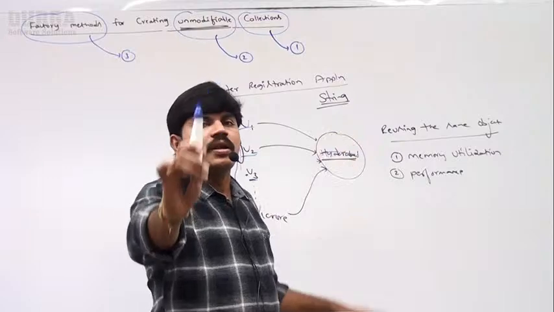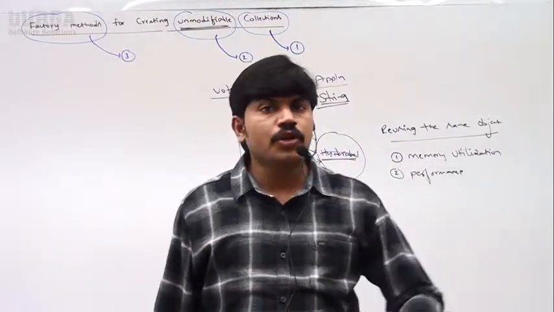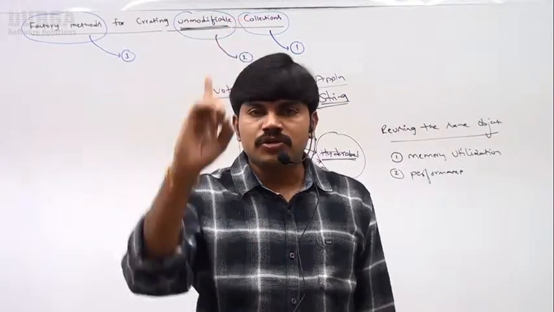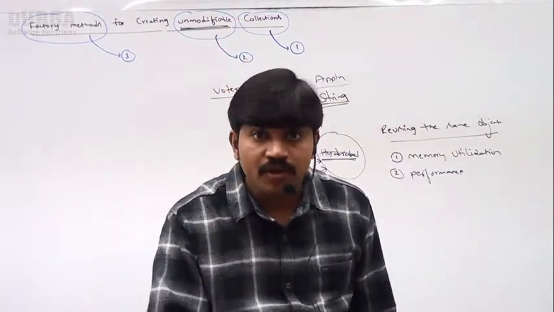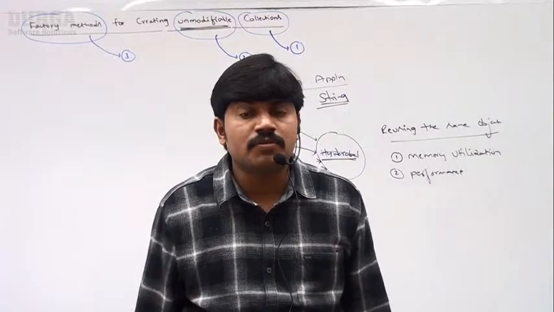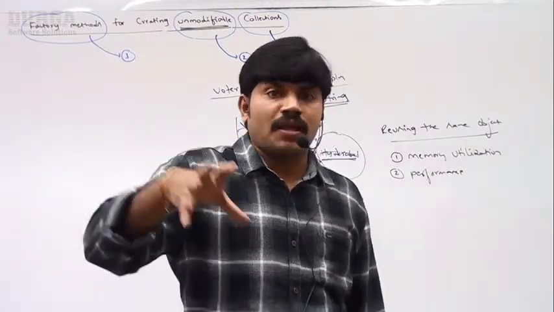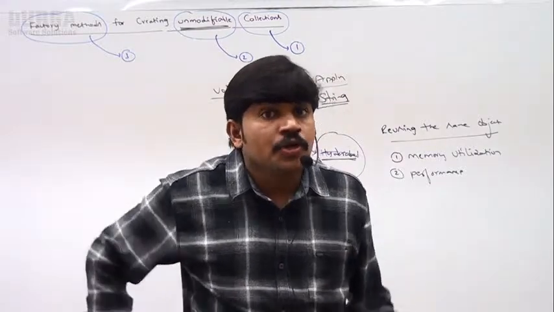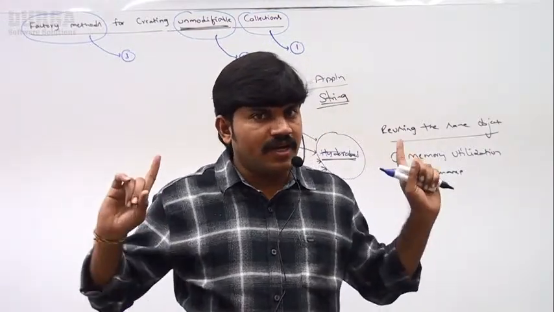Such non-changeable objects are nothing but immutable objects. Remember this, sir. Wherever reusability is there, wherever you want memory utilization and performance improvements by reusing the same object, compulsorily we have to implement the immutability concept. Clear for all of you?